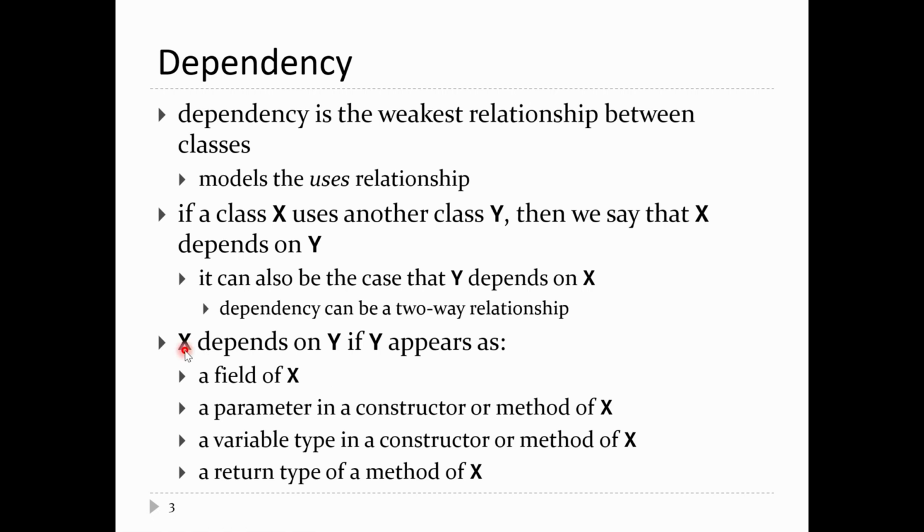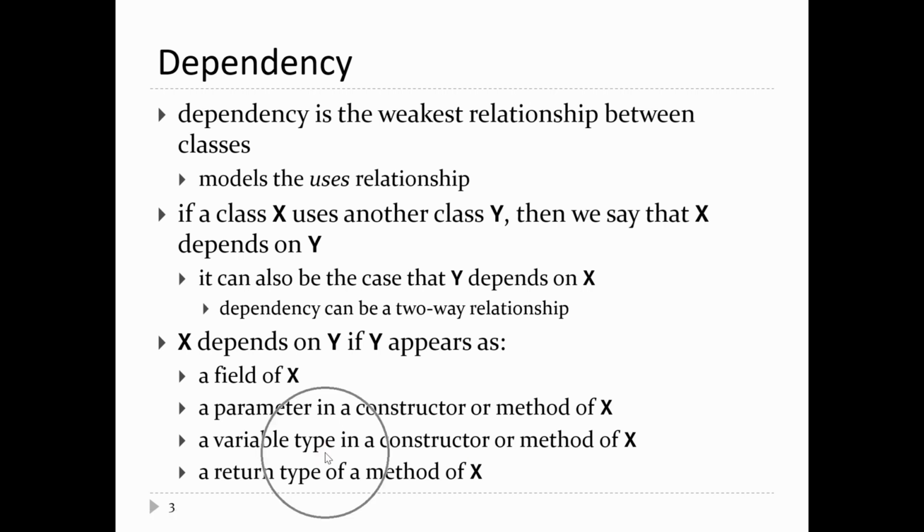So how can you tell if X depends on Y? If anywhere in the class X, Y appears, then X depends on Y. So where can Y appear? Well, it might be one of the fields of X. It might show up as a parameter in one of the methods or constructors.